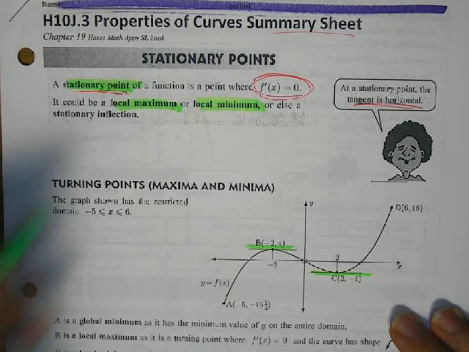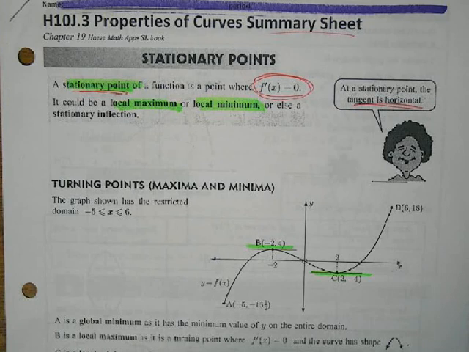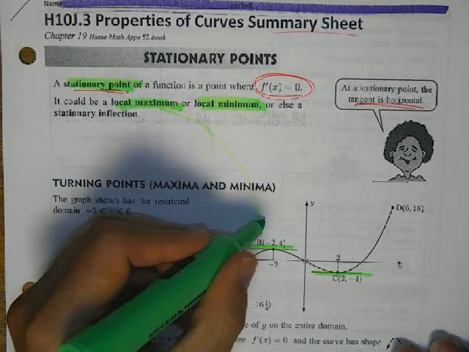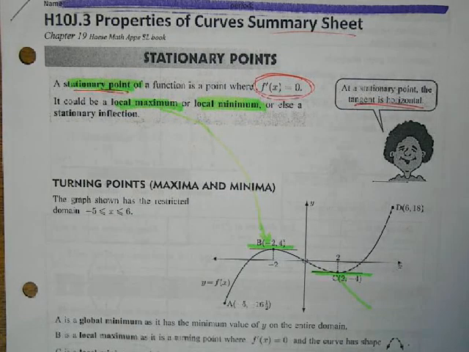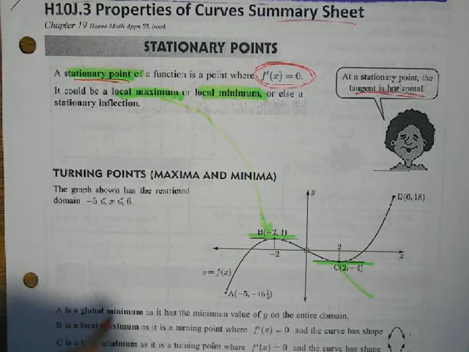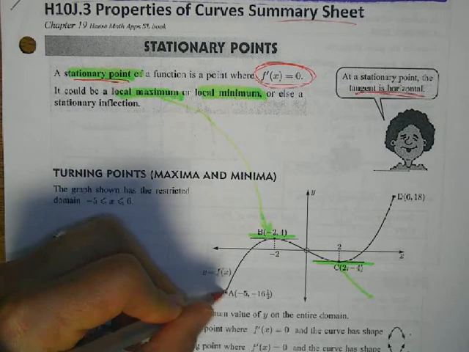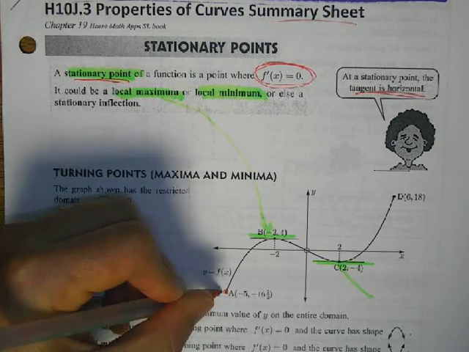Okay, so this one here is a local maximum. This is a local minimum. A global minimum is any point that is truly the lowest point. This is the global minimum.